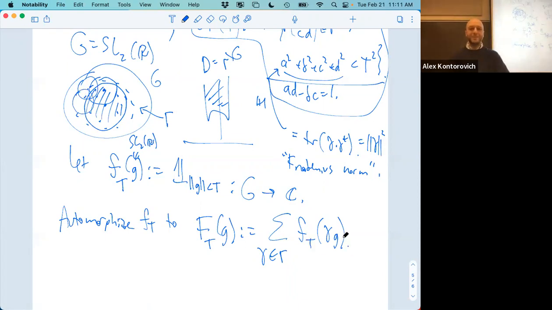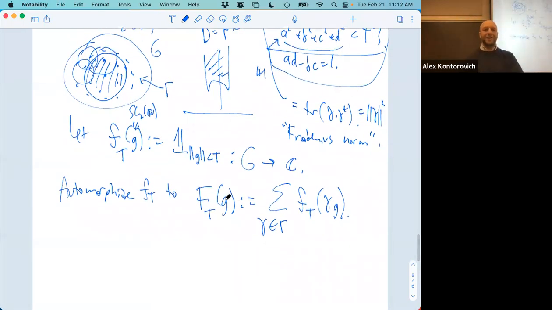Is this a function on? What is this a function on? Where does it take values? Gamma's an infinite group. So it certainly takes values in G. Yeah, it's invariant under gamma.